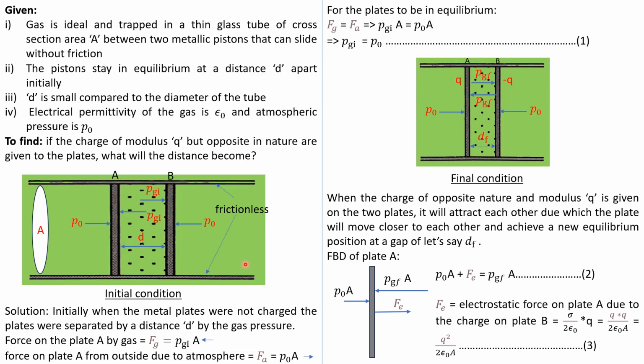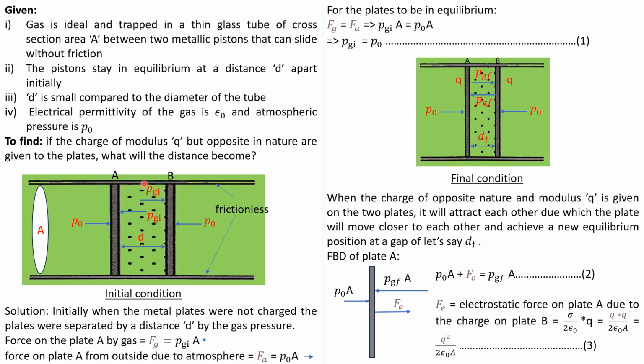This is the diagram of the initial condition for clarity. If we take two pistons, A and B, on the metallic piston A, the atmospheric pressure is acting from outside and the gas pressure is from inside.